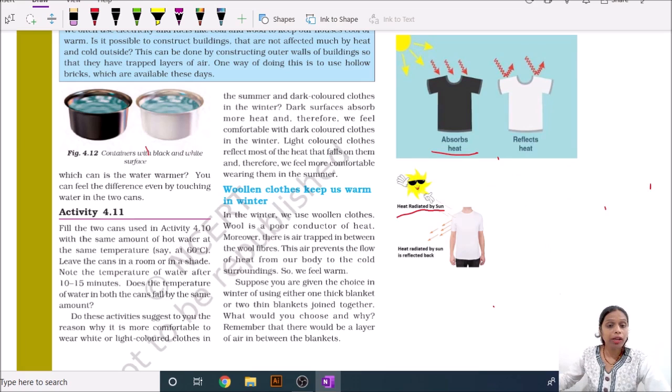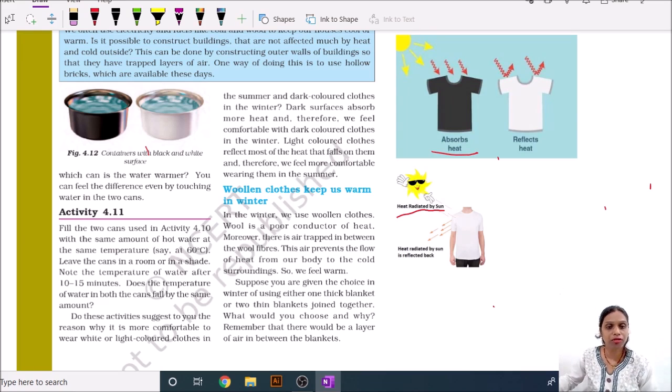You can see an example from this picture: you take two containers, and put one container with a coat of black color, and take another container whose surface is white in color. Put the same quantity of water in both containers, and leave them for 2 to 3 hours. What do you feel?